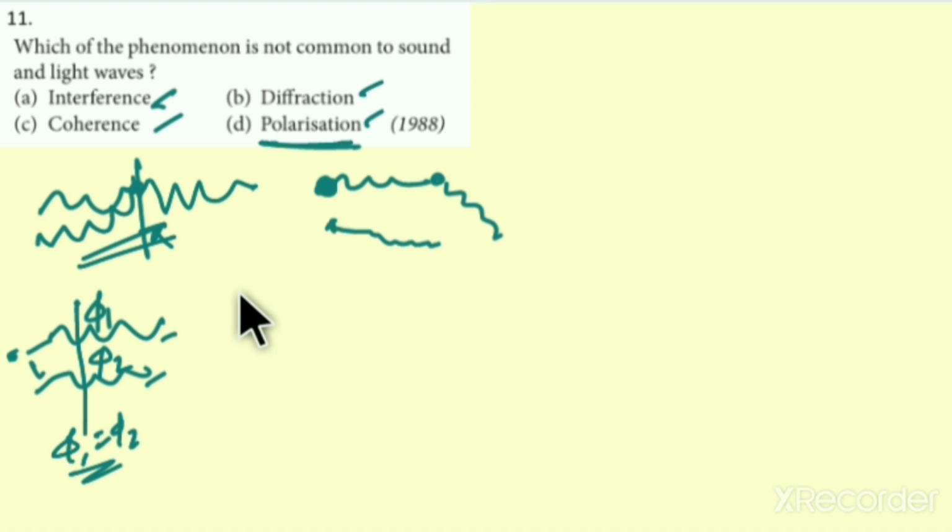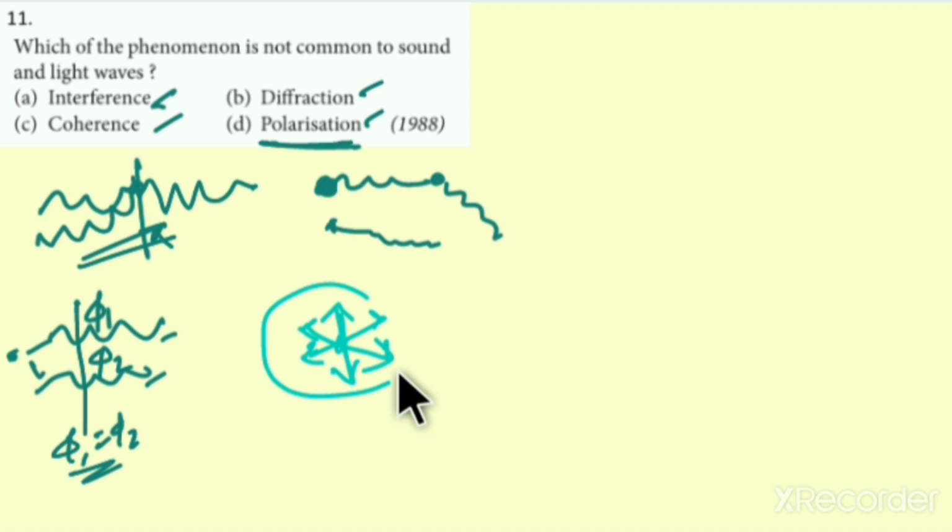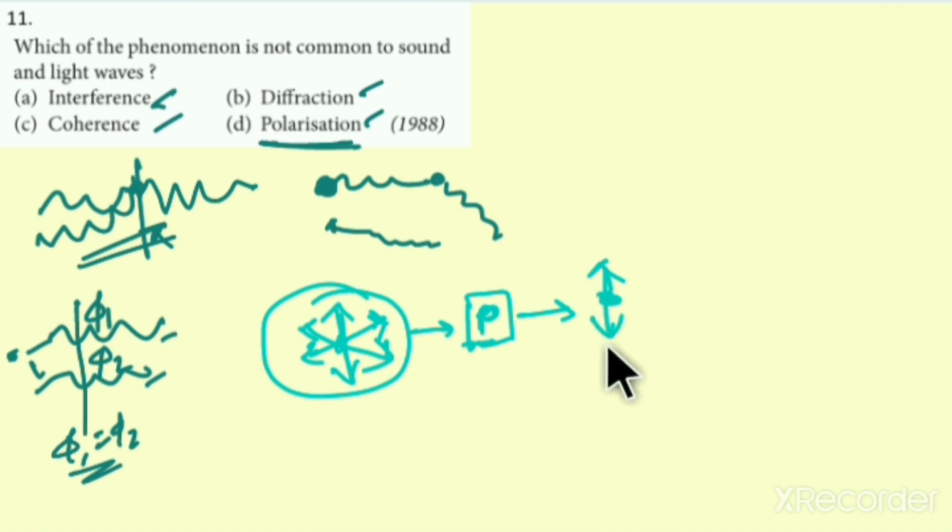Polarization is the case when a wave travels through a medium, some of the particles vibrate in this way, some of the particles vibrate in that way, and this vibration in various directions will cause some noise. To reduce this, we use a polarizer, and depending on the polarizer and the angle of incidence of the wave on this polarizer, only one way of vibration will remain.